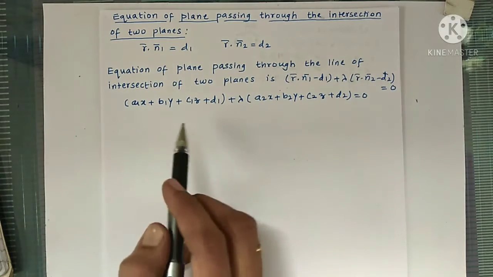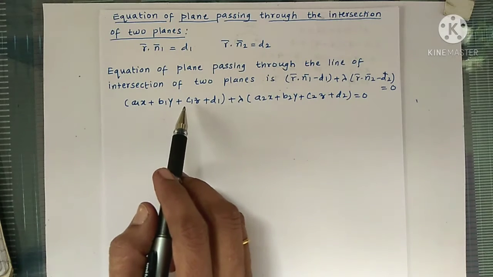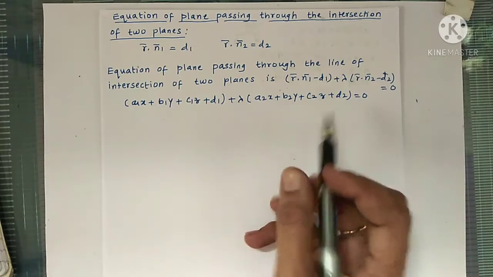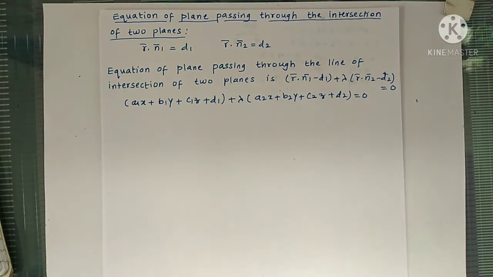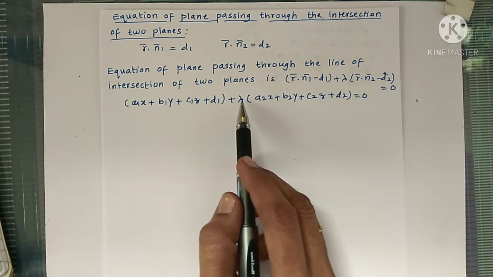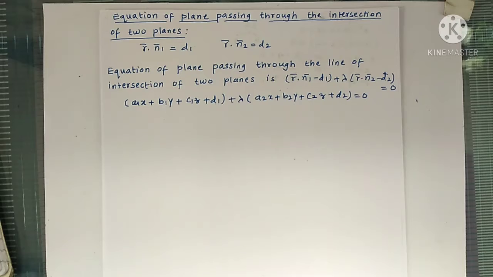So again we write the equation of the first plane in the first bracket plus lambda into the equation of the second plane in the second bracket equal to 0. First write like this, then use the given condition, find the value of lambda, substitute that value of lambda here, and you will get the equation of the required plane. Okay, let's solve some questions based on this.